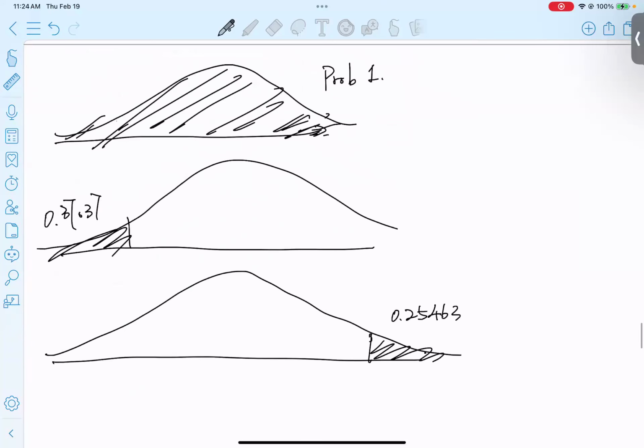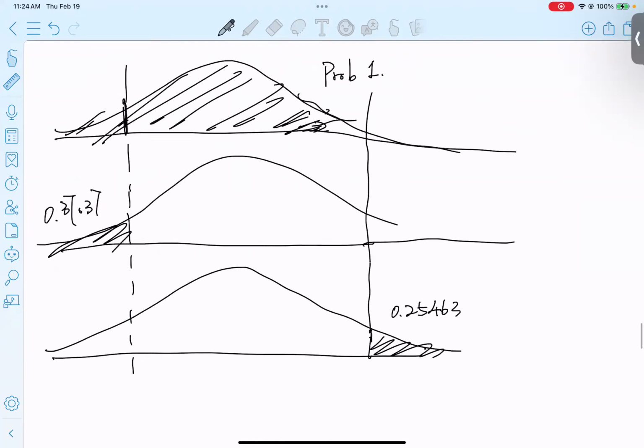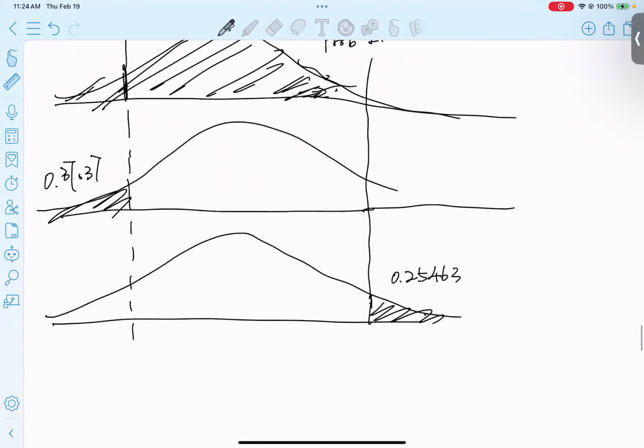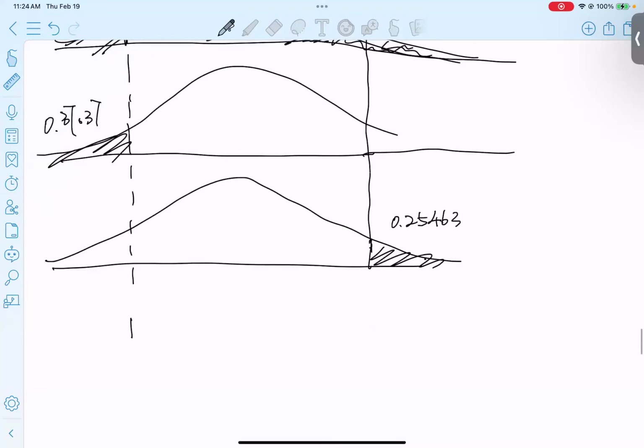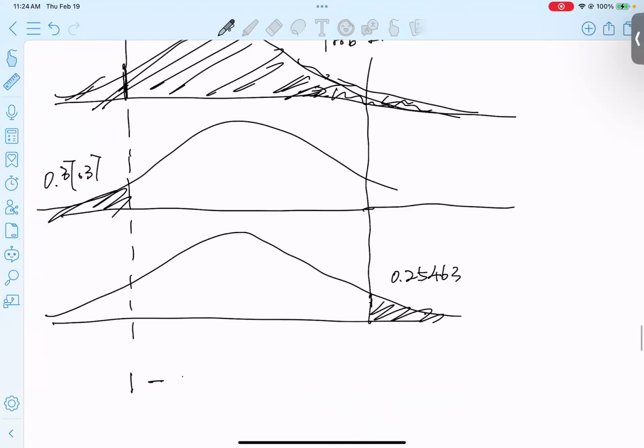The only thing that we want is the middle part. Okay, assuming that these three shapes look the same. So to get those, it is 1, which is the whole area, minus the left tail, minus the right tail.